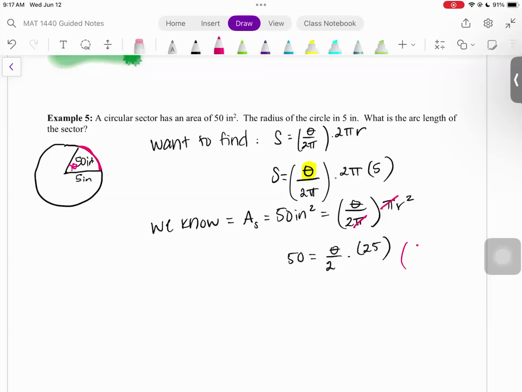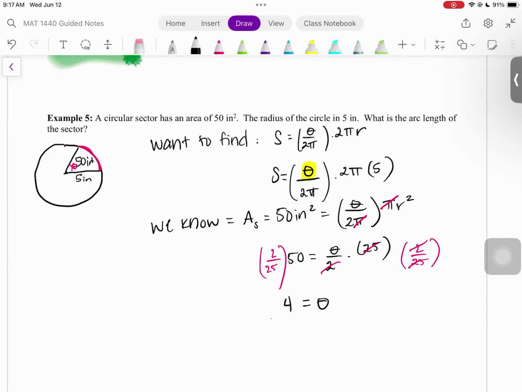Multiplying both sides by 2 over 25. Two over 25 times 50 is 100 divided by 25, or 4, is equal to theta.